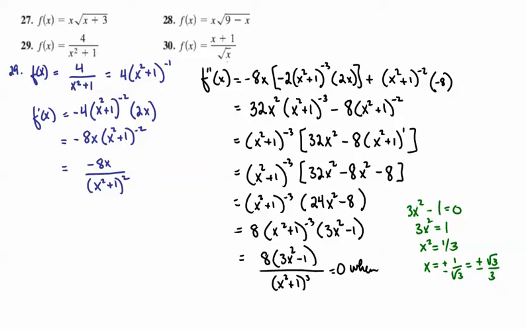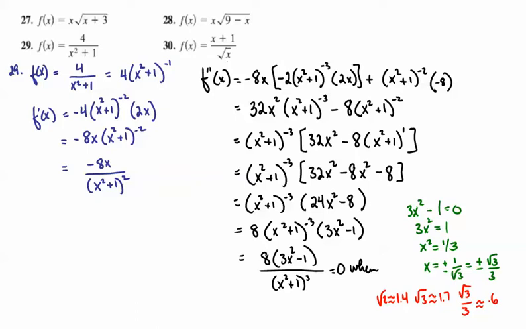Now, square root of 2 is roughly 1.4. Square root of 3 is roughly 1.7. Root 3 over 3 is roughly 0.6. And so we're ready to begin.